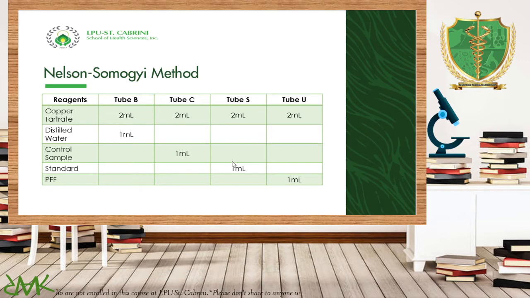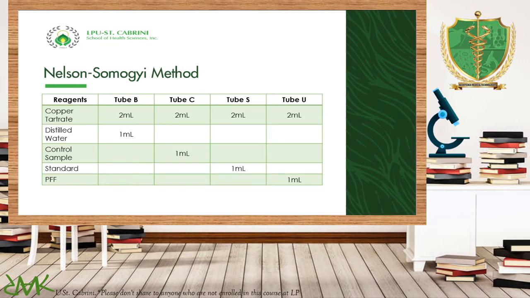Okay, so after adding the reagent and our sample, we have to incubate in a water bath for 10 minutes. And then after incubating, we let it cool down by immersing it into tap water for at most 3 minutes, or 2 to 3 minutes.